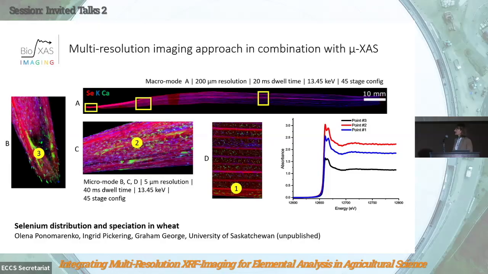This macro-resolution image guided them to select a sub-region for final resolution images. Then they selected specific points to obtain speciation information of the selenium.